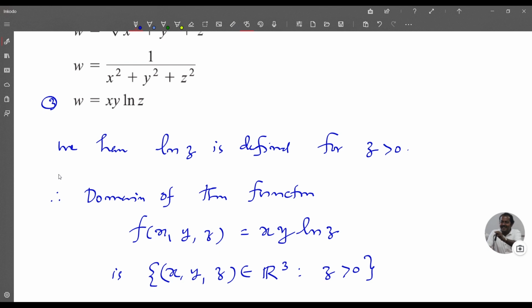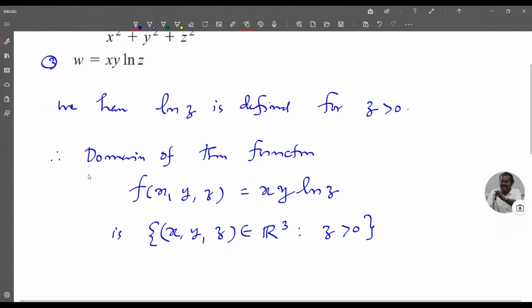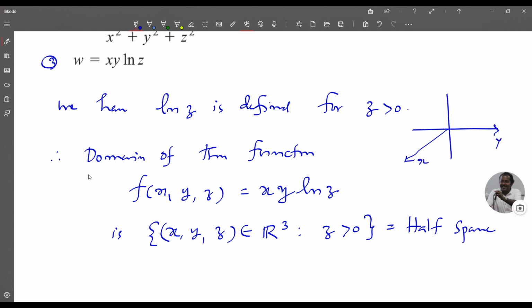So this is actually the half space. So we have this is x-axis, y-axis and z-axis, and z greater than 0 means the upper half of R3 space. So this is the half space. So that is the domain of this function.